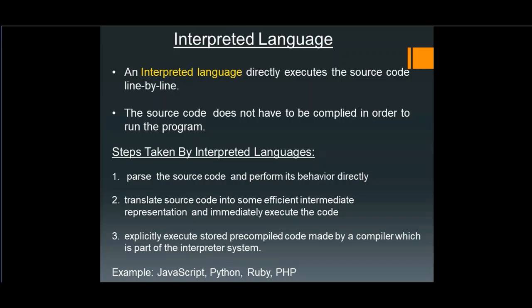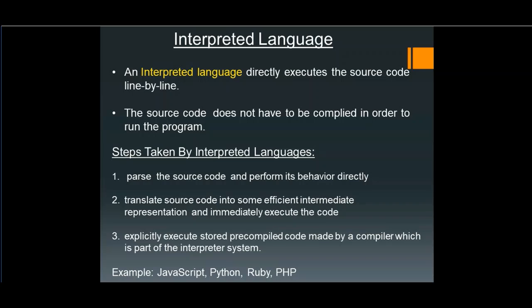so here are some of the steps taken by interpreted languages. First, parse the source code and perform its behavior directly. Parse means to understand the symbols and the logic of a program, say be it a JavaScript program or a PHP program. Okay, then two, translate source code into some efficient intermediate representation and immediately execute the code.